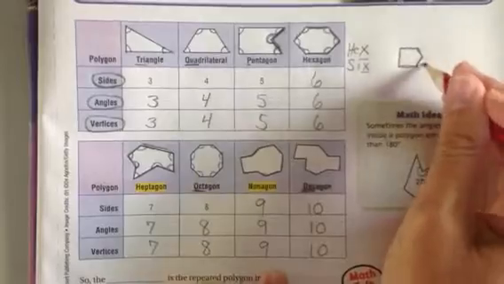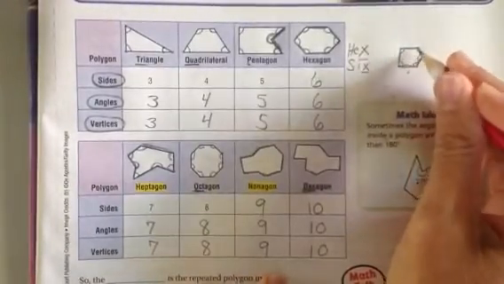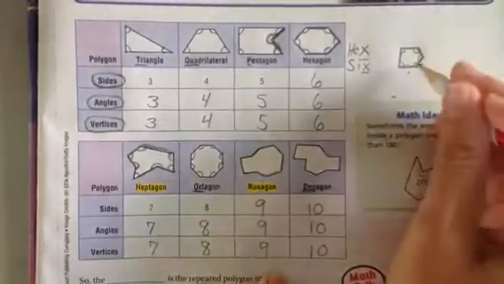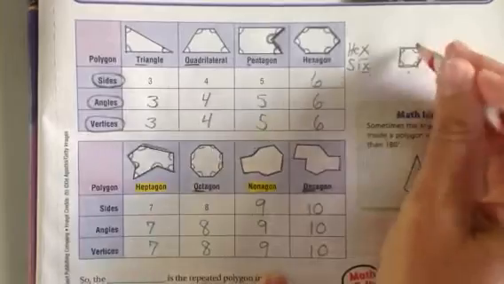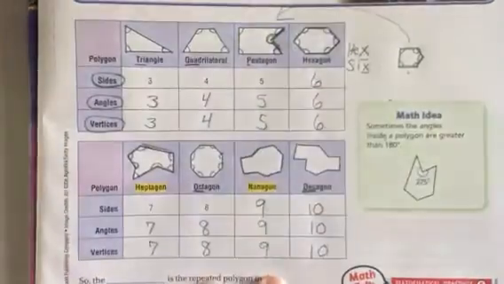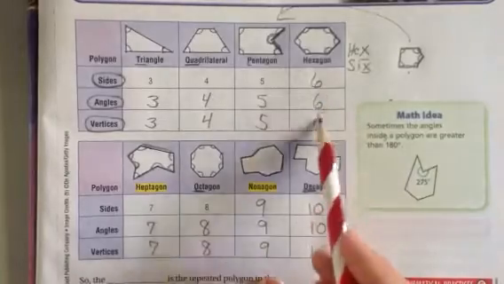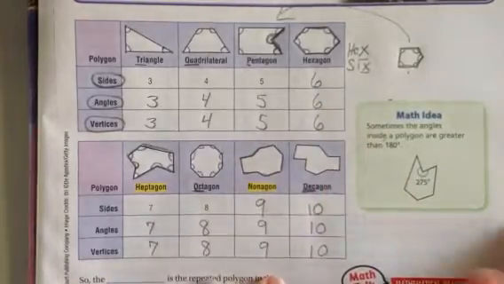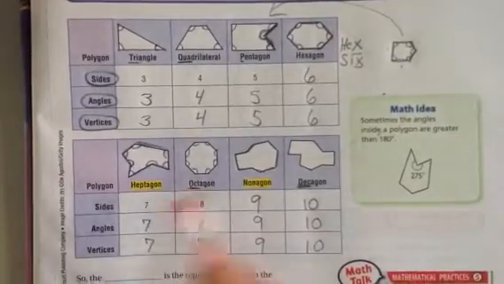It has 5 sides, 5 angles, and 1, 2, 3, 4, 5 vertices. Okay, so that makes it a pentagon. So you could draw any of these, again, a hexagon, as long as it has 6 sides, 6 angles, 6 vertices.